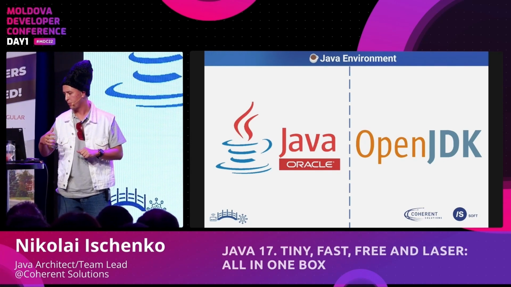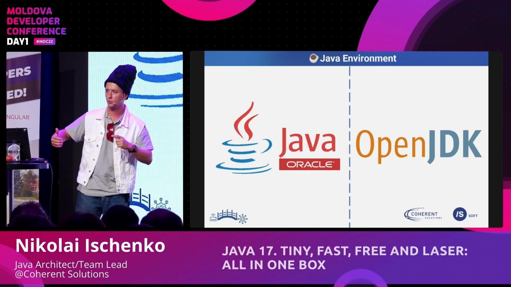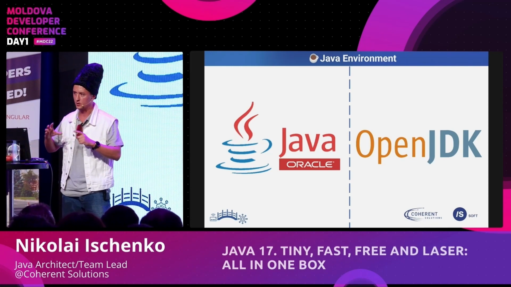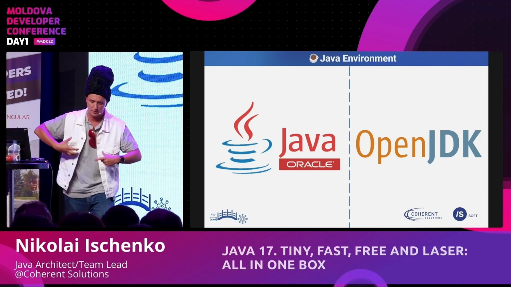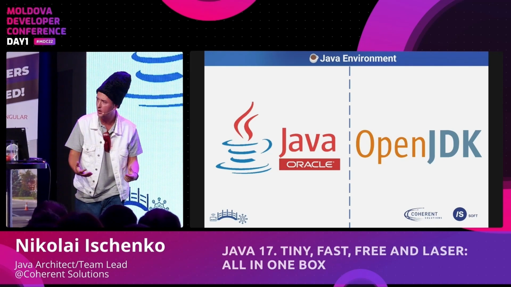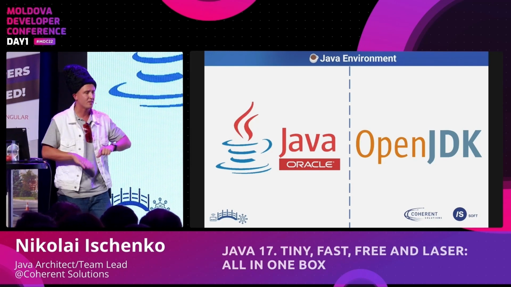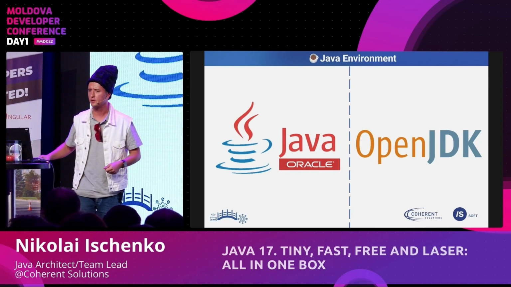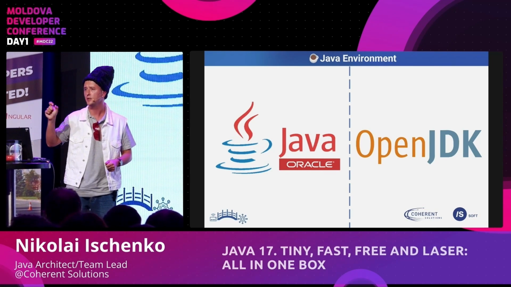And I will provide you a QR code at the end of this presentation to another meetup where I had a technically fine-grained talk, where I've prepared some ready-to-use commands to make your own build as tiny as possible.